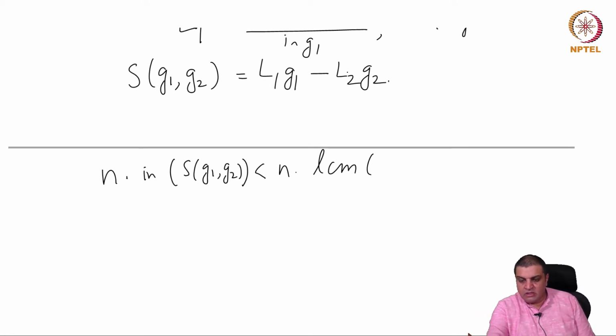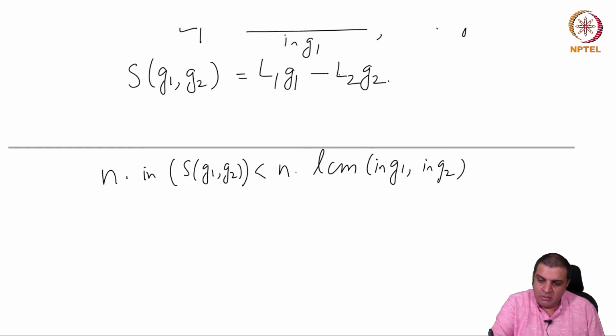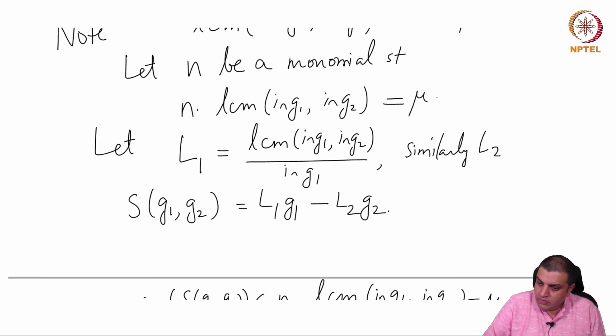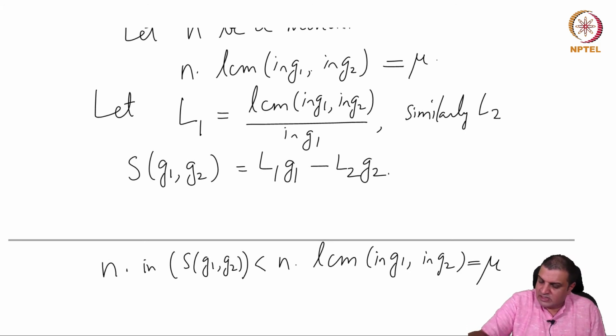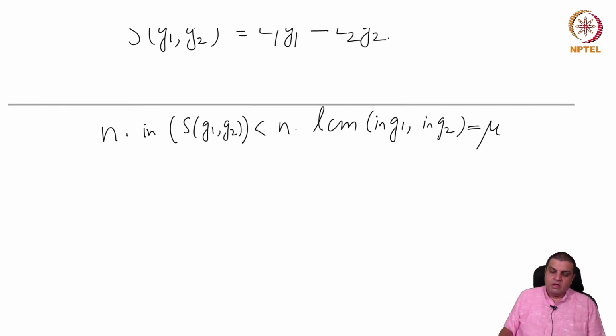The difference's leading term will be strictly smaller than the initial term of G1 and G2. This expression was constructed precisely to cancel their respective leading terms, both of which have this value, and this was mu. N was chosen such that this is equal to mu. Okay, so we would need to use this later.